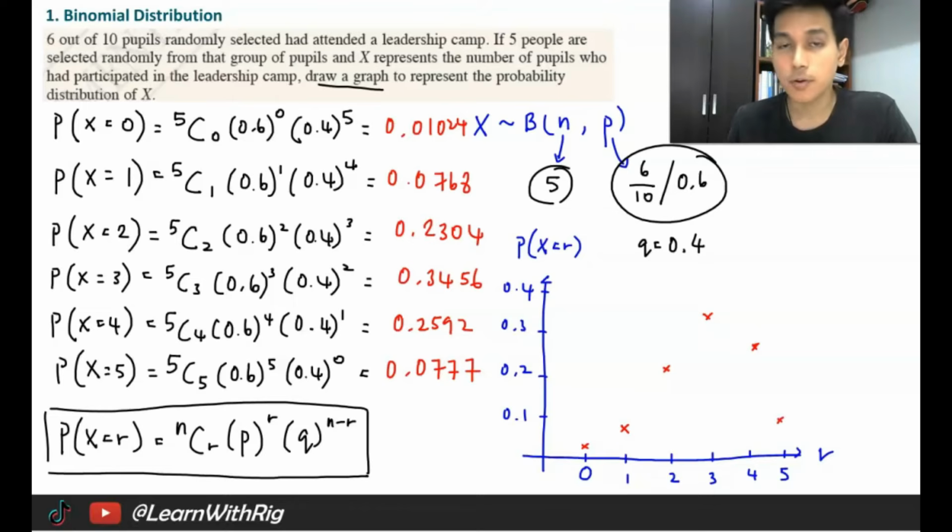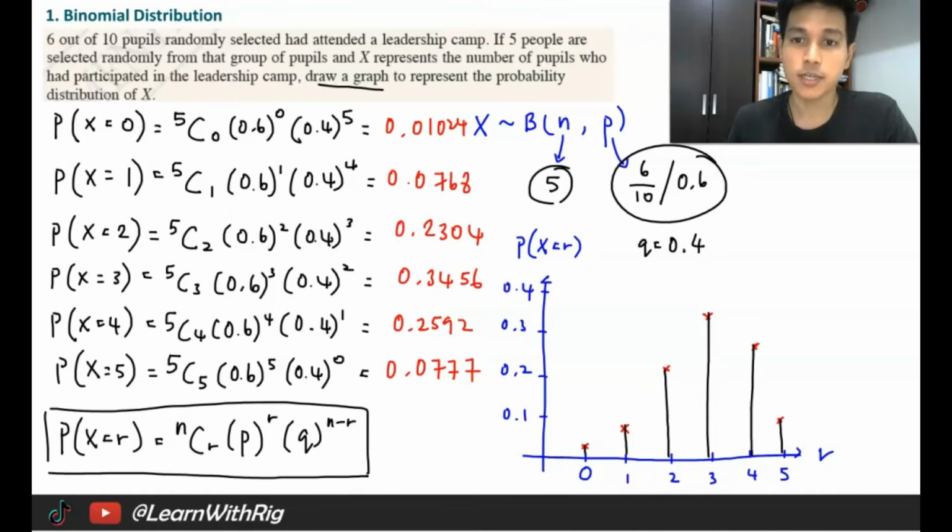Once you've plotted all the points, now I know some people will join them up with a curve. Please don't do this. This is a probability graph, so you just have to draw the line down straight to the respective r value. This is your graph.